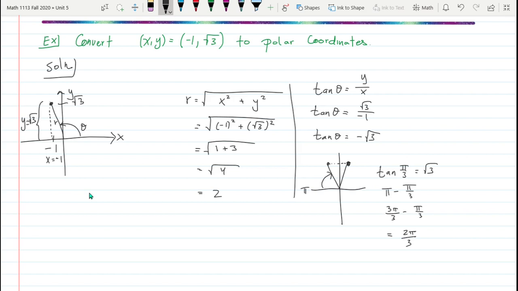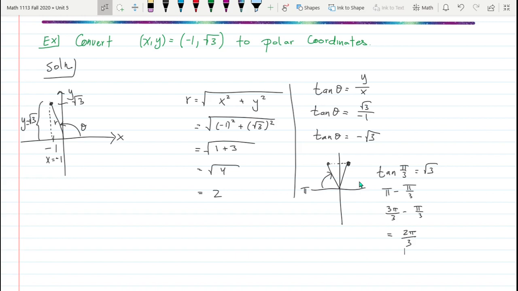If you don't have a calculator and you don't remember exactly those values, then at least you want to be comfortable with knowing the first quadrant values. That's going to help you do things by hand. If you don't happen to have a quick reference to the unit circle and things like that, then this is going to be very helpful.